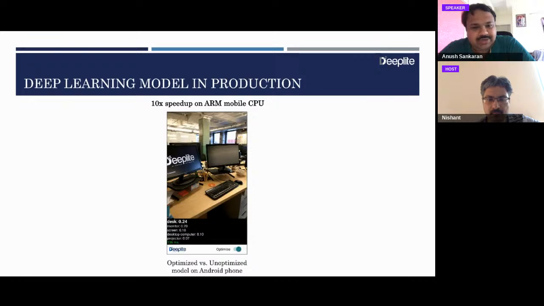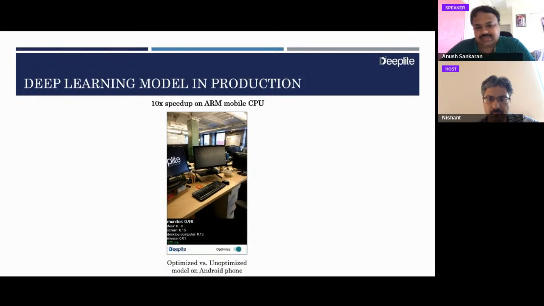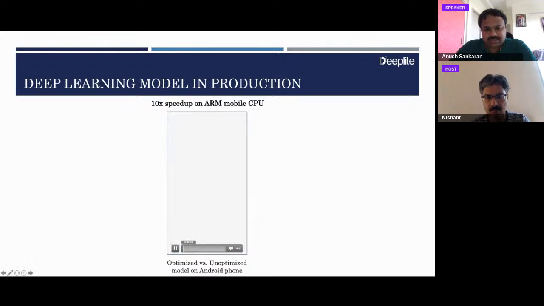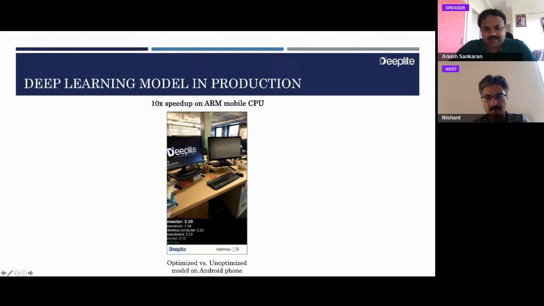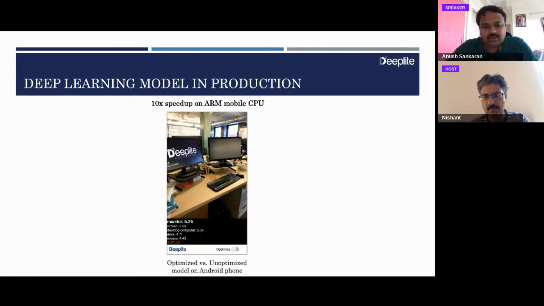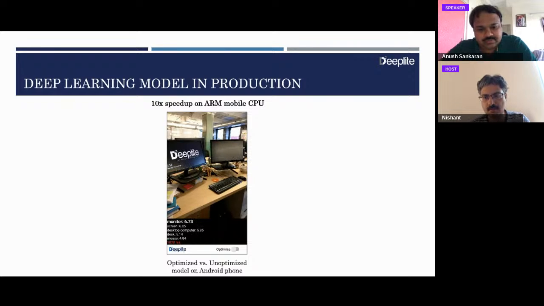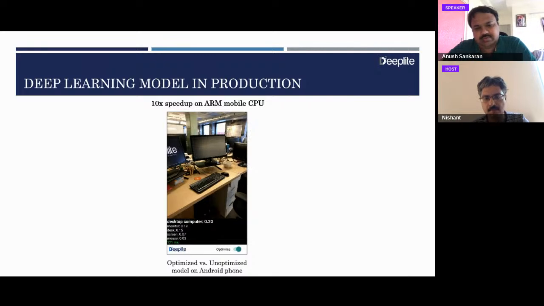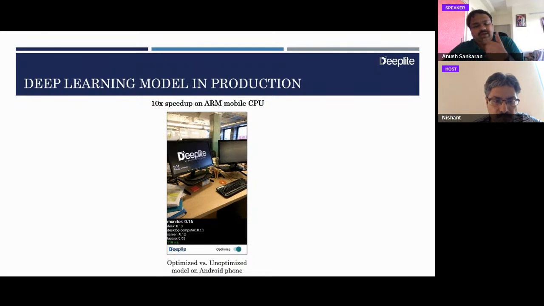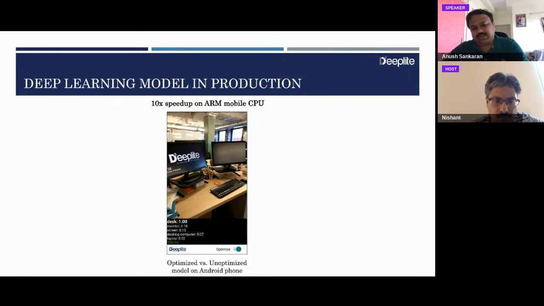You can see below when we toggle between optimized and non-optimized, we could see a clear 10x speed up. It is really slow in identifying objects, but when we toggle to optimized mode, it's easily 10x faster. So that's what we're trying to achieve: if you put a deep learning model into mobile phones, can it perform much faster than it does today, right?